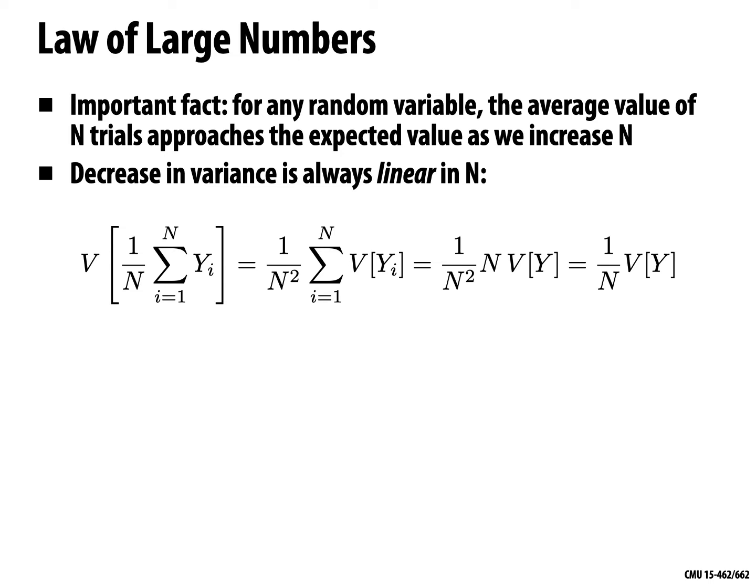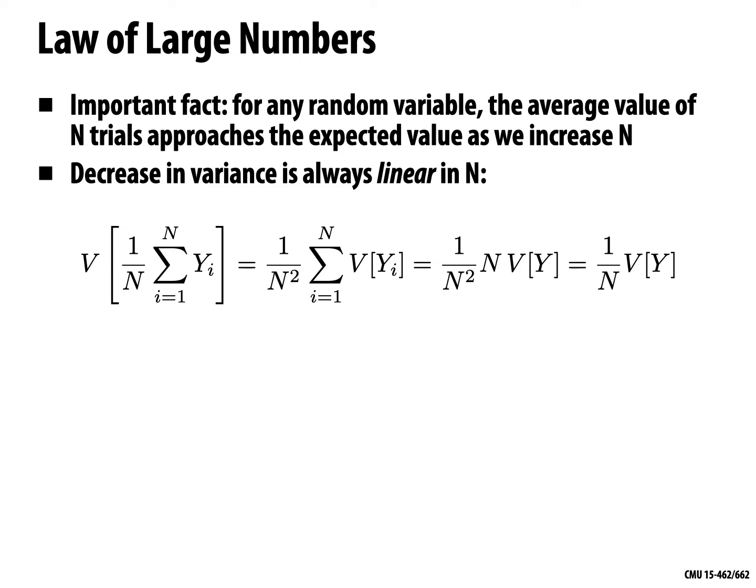And since all of our random variables are the same, they all have the same variance. So that's just n times the variance of y times 1 over n squared, or 1 over n times the variance of y. Okay? So again, this is telling us as we do more and more experiments, the variance is going to 0, which means the average value we're getting is approaching the expected value.